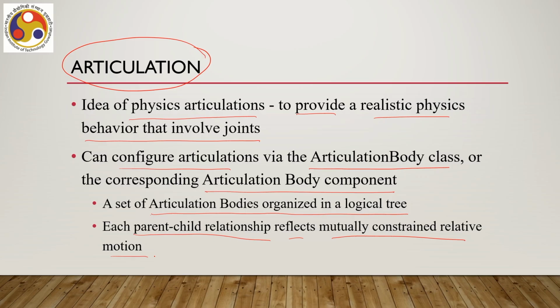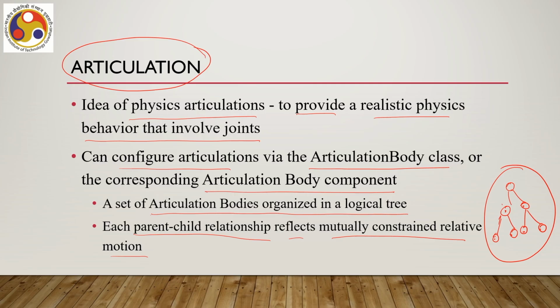So, essentially suppose we want to let this figure move. Each node is a joint, and the way the joints are related to the other joints and the way a joint can move with respect to the other joint, these things define the overall articulation.